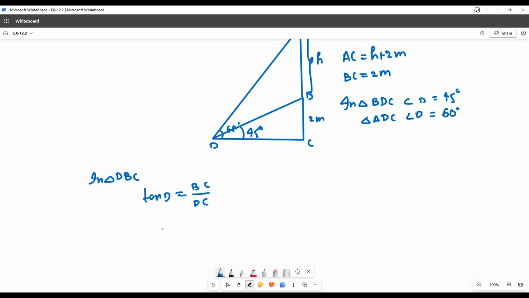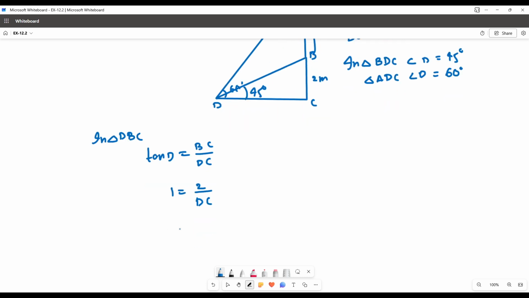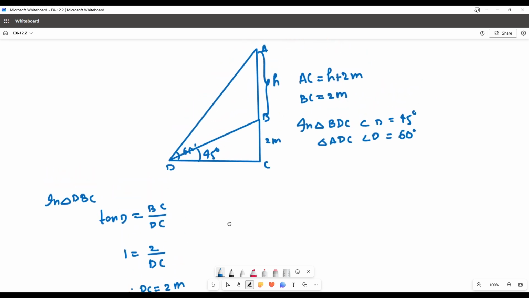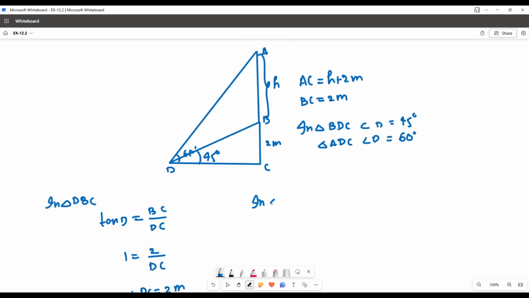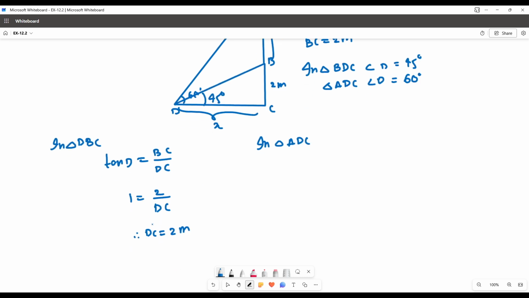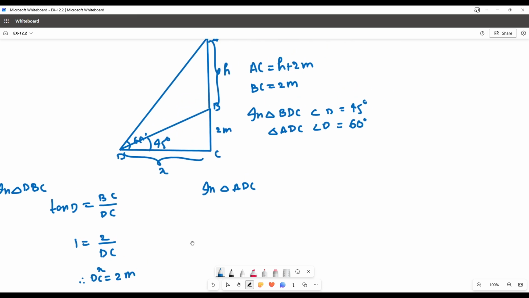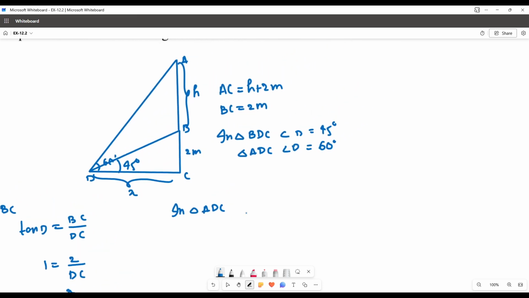Next, D is equal to 45 degrees, therefore tan 45 equals 1, and BC is equal to DC, therefore DC is also equal to 2 meters. Next, let this be x, and we found the length of x equal to 2 meters.